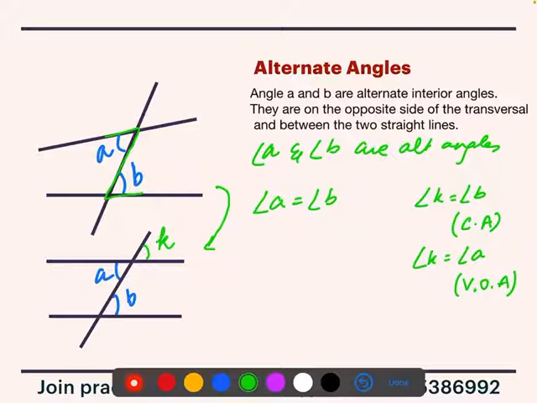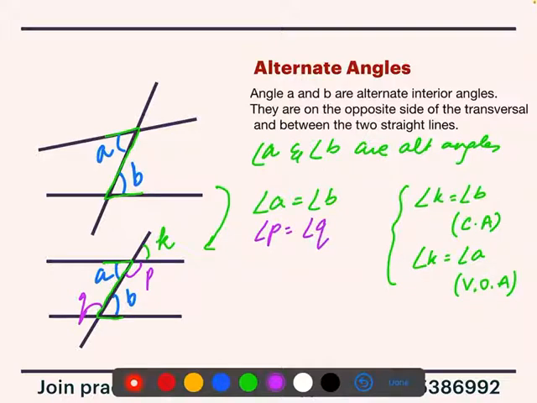So from this set of proofs, we find out that angle A is equal to angle B in parallel lines. So we can also say that P is equal to Q. So angle P is equal to angle Q.